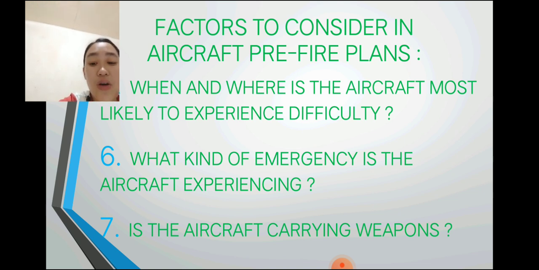Number 7 is the aircraft carrying weapons. It is important that the senior firefighter and crew members understand the type and character of weapons that the aircraft carries. Each member should be well versed in the emergency procedures for many different types of weapons and their location on the aircraft.